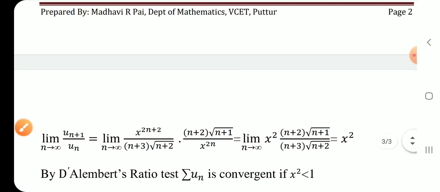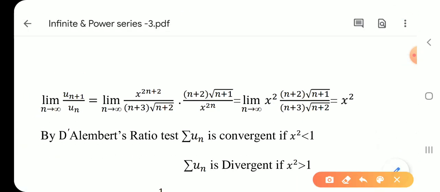Now take the reciprocal of it. Limit of un plus 1 by un as n tends to infinity. Limit of n tends to infinity, un plus 1 I have written. Un will take the reciprocal. Now x to the power 2n plus 2 can be written as, split it, x to the power 2n into x square.